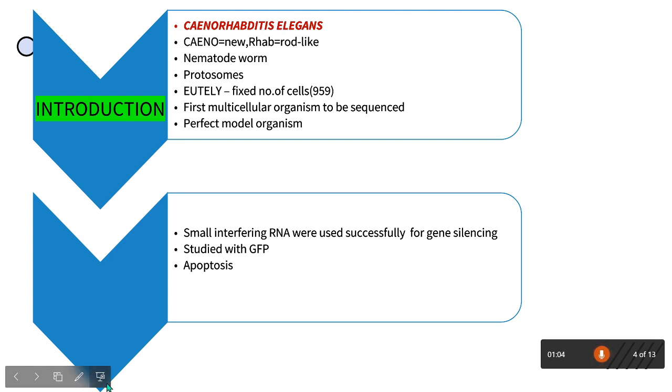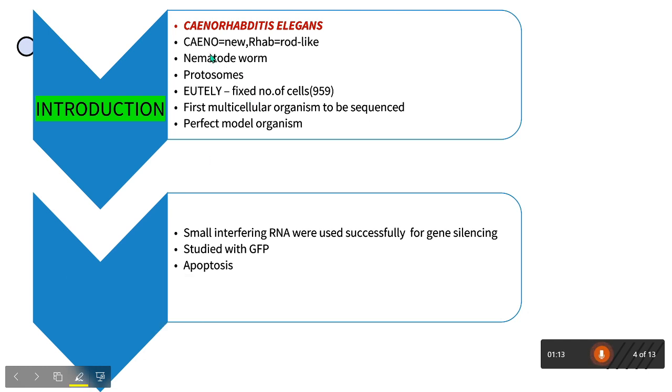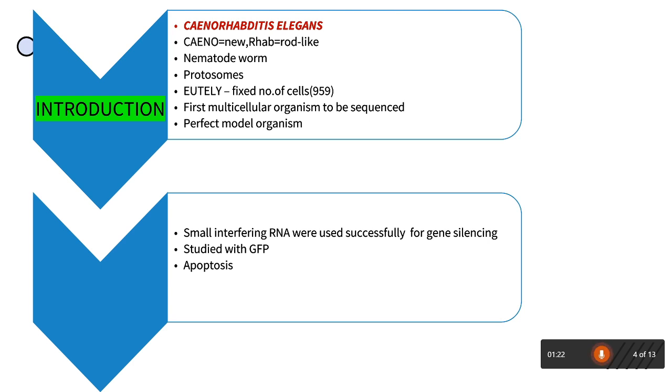Caenorhabditis elegans, that is C. elegans, it's a nematode worm. It's a protostome. We know organisms have been classified into protostomes and deuterostomes. Protostomes means those organisms in which the mouth is formed prior to the anus, and deuterostomes means the anus is formed prior to the mouth.